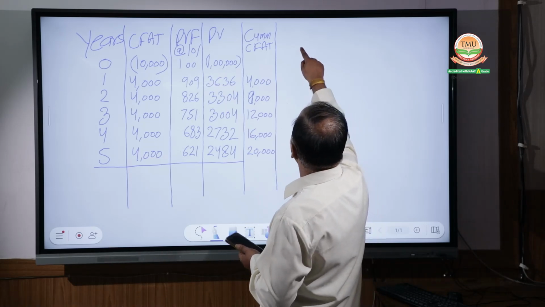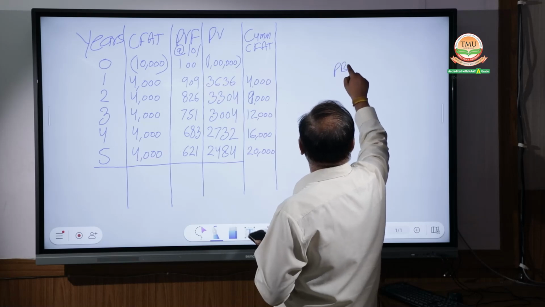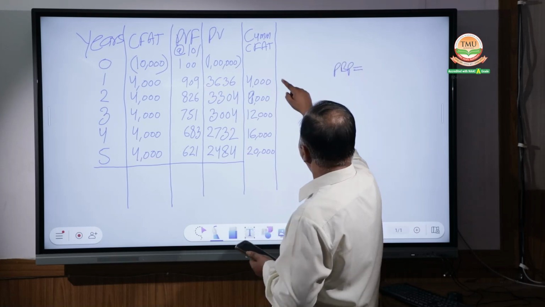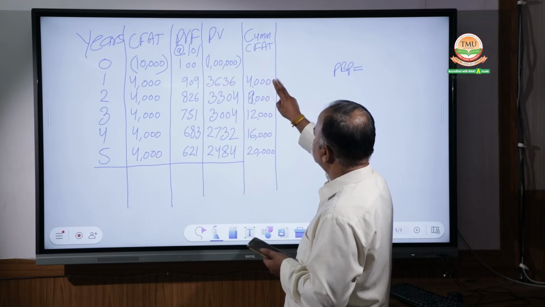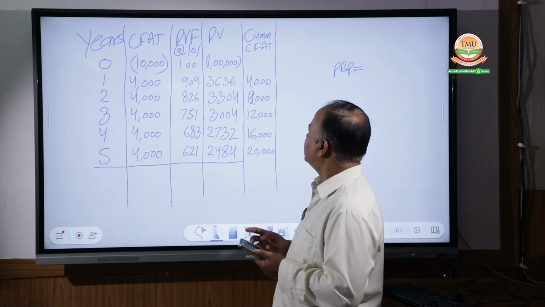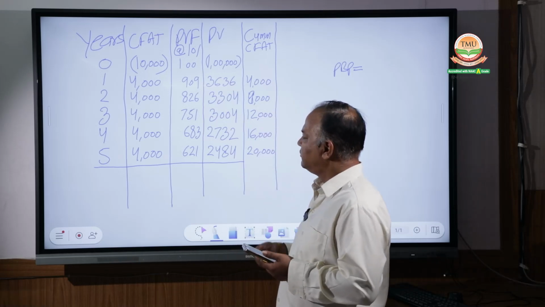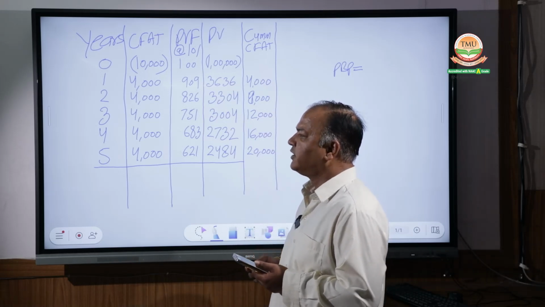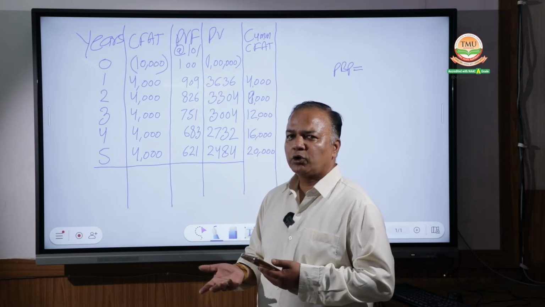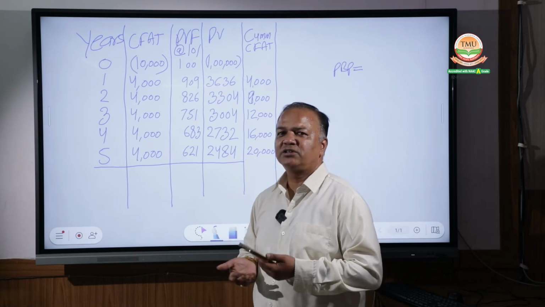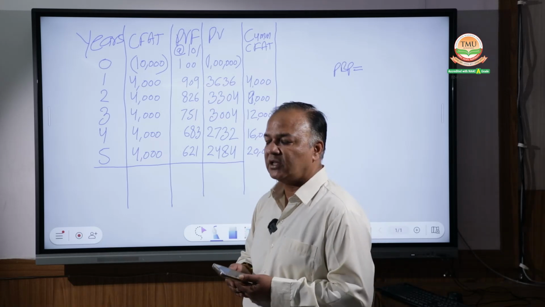Now you have to calculate payback period. Write down the formula. Payback period is equal to: in 1 to 2 years we covered rupees 8,000 and in third year we will recover rupees 12,000. It means after 2 years and before completion of third year we will recover the total amount of rupees 10,000.